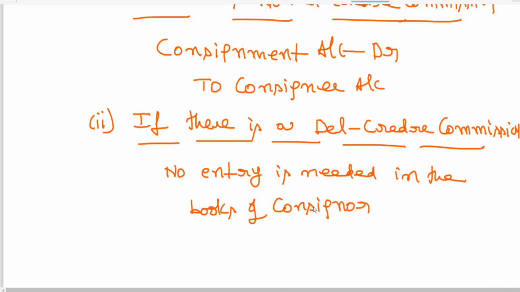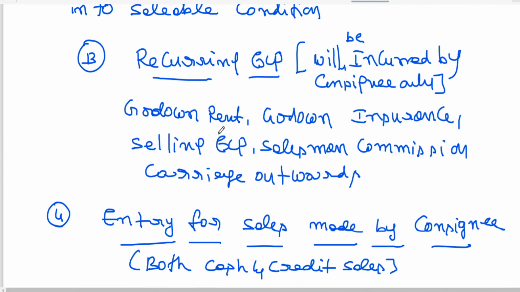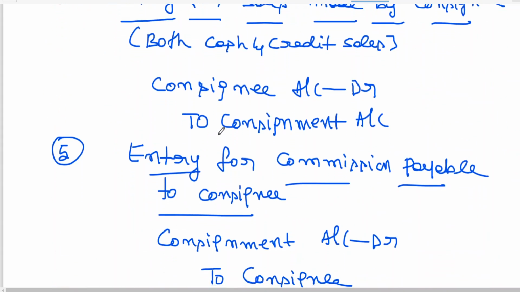No entry is needed in the books of consignor. Clear to all of you? So far we have seen entry for sales made by consignee, consignee account debtor to consignment, both for cash sales as well as credit sales.